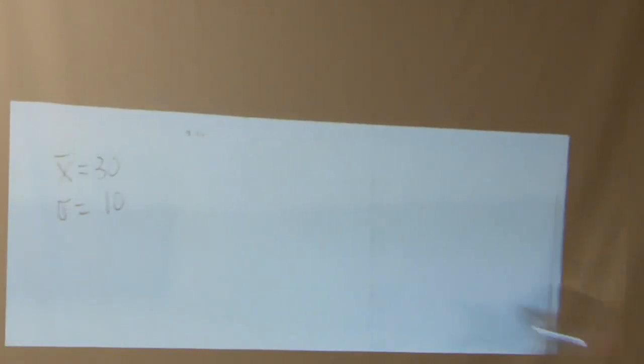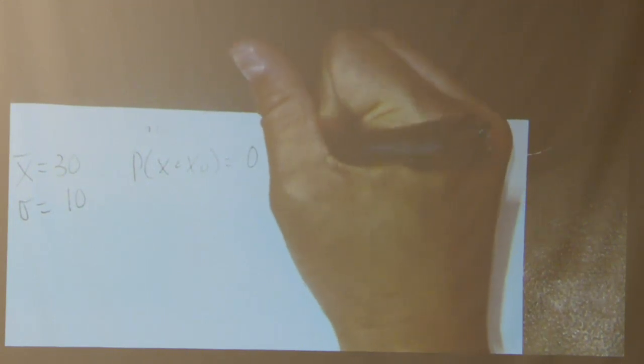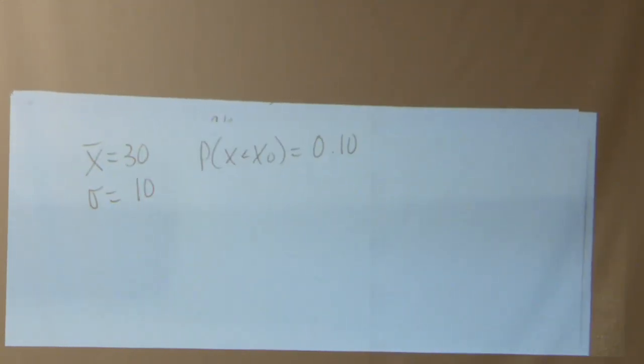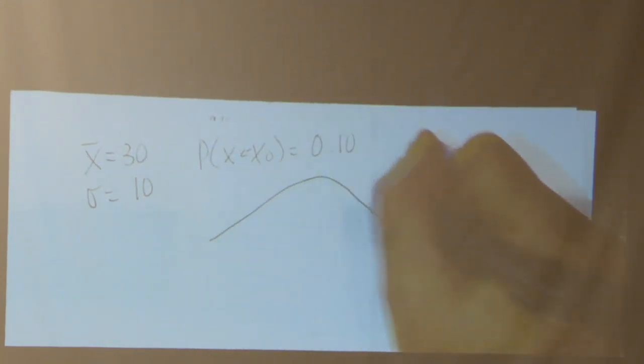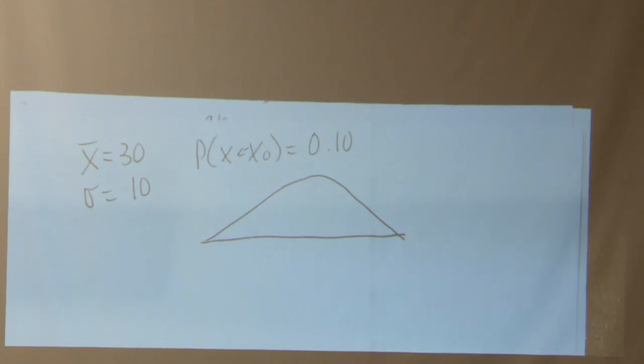So if they gave you a problem where your x bar was 30, your standard deviation was 10, and they said the probability of x being less than x naught is 0.10, we can set it up just how I set them up for the z-scores.